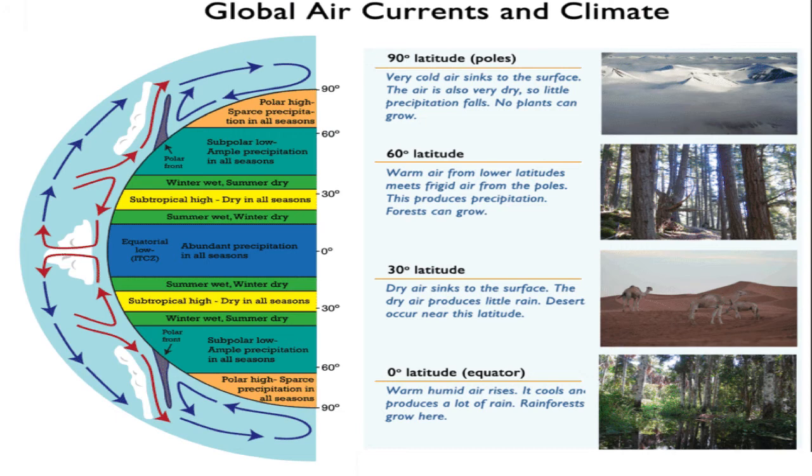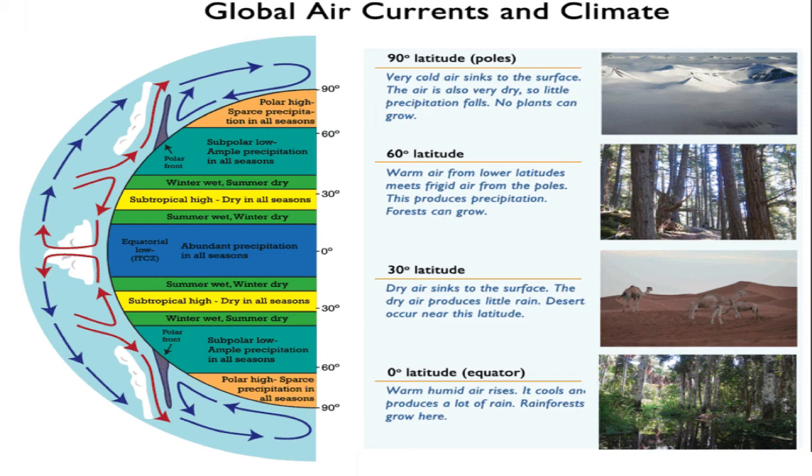Lastly, we're going to talk about the effect it has on the climate. You'll see with 90 degrees latitude, so that's our poles, we have the polar high, which has very little precipitation in every season. It has really cold air that sinks to the surface, and it's dry, and there's no plants that can grow.